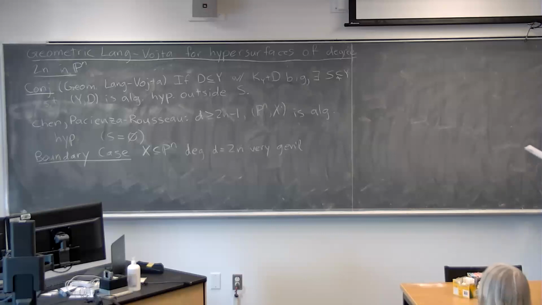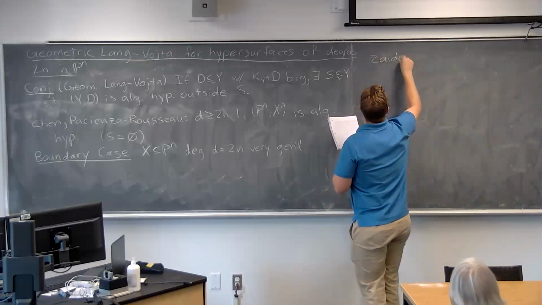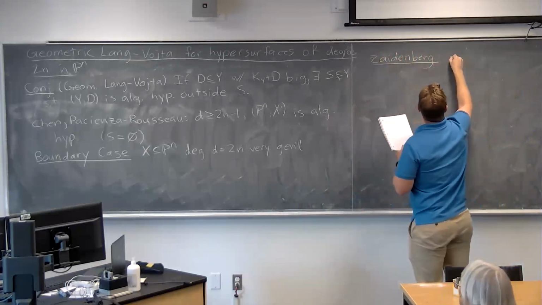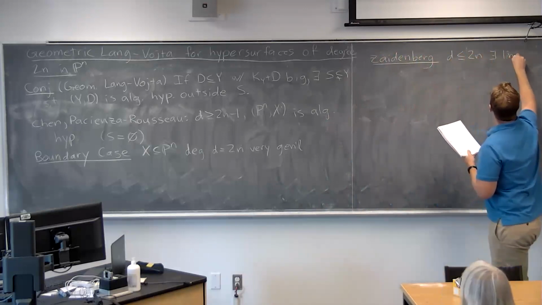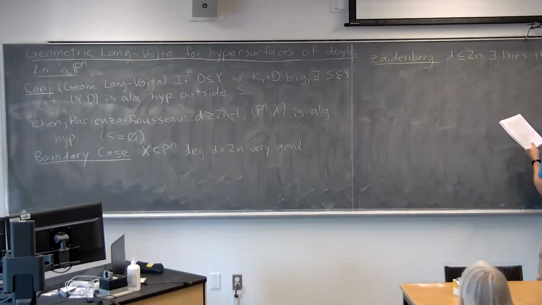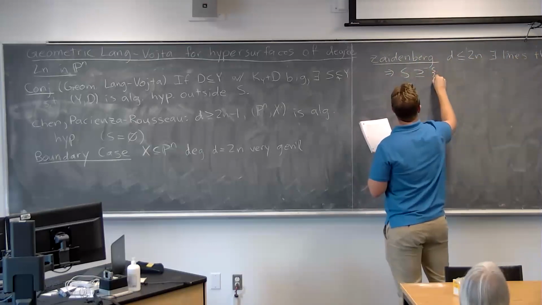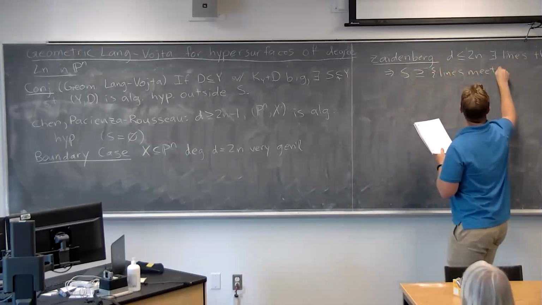He showed that for d at most 2n, there exist lines that meet X in 2 points. And so that means S can't be empty, right? S has to contain the set of lines meeting X twice.